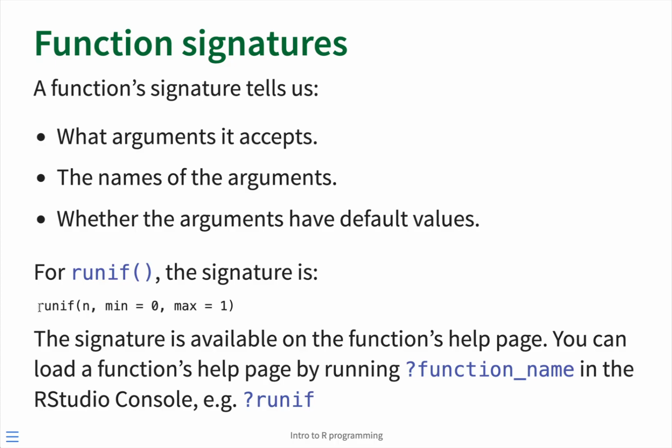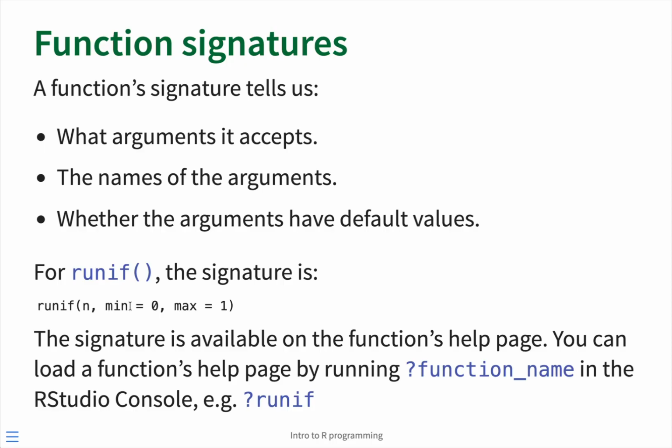And if we look at the function signature here, we see that the first argument is called n, and if you were to look at the information about this function, it would tell you that n is the argument that will determine how many random numbers this function creates and returns.